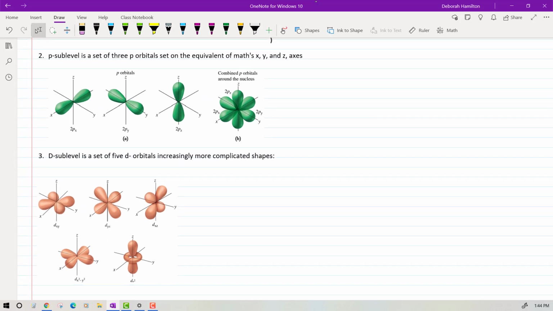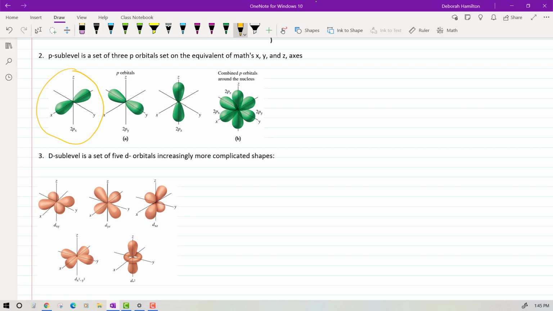Also think about how these sublevels are nested within each other. If we take a look at the p sublevel, notice that we see 3 orbitals here. We see an orbital that lies along the x-axis, one that lies along the y-axis, and the z-axis is straight up and down in this picture.